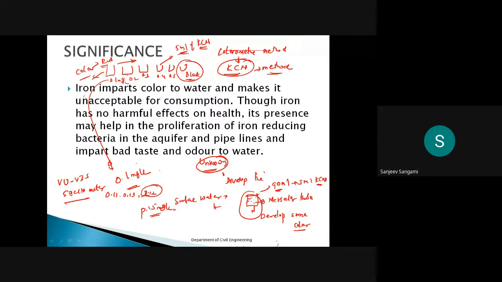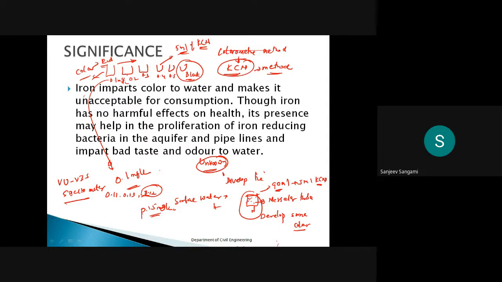So I said that too much iron is not suitable for drinking water, because it is going to give a bad smell or bad odor. As per our standards, IS 10500 2012, if odor is there, if taste is there, we can directly reject it.